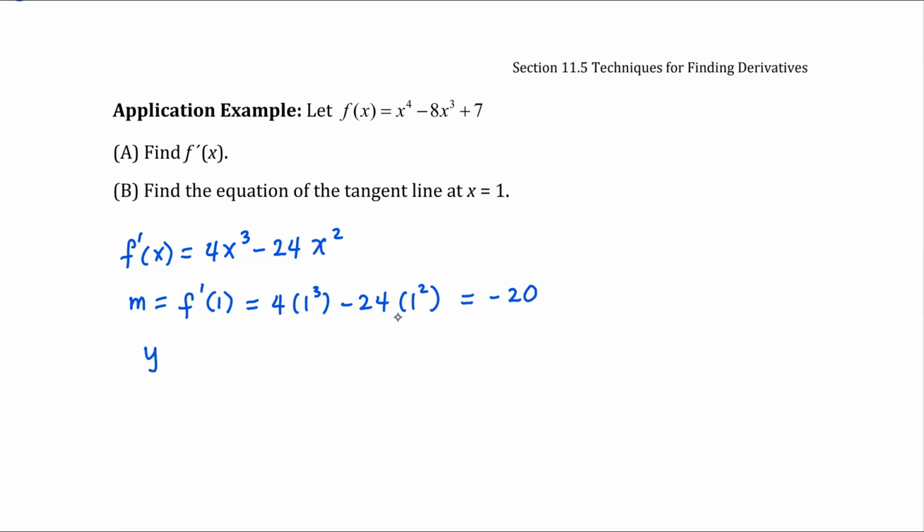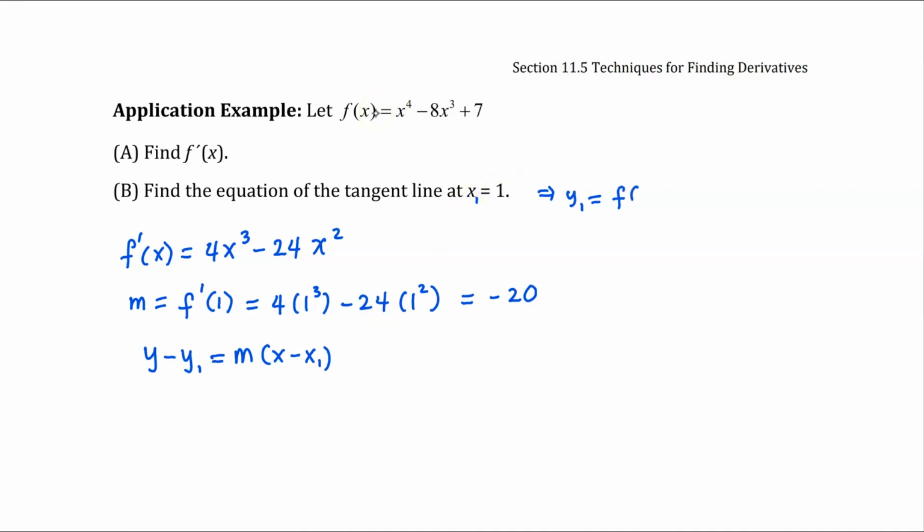Then we use the formula y minus y sub 1 equal to m times x minus x sub 1. This would be our x sub 1. And then to compute our y sub 1, we will just have to plug in this value of x here into the given function.